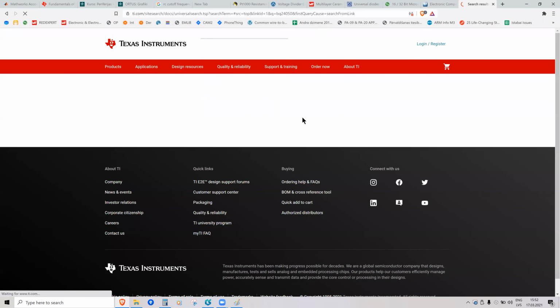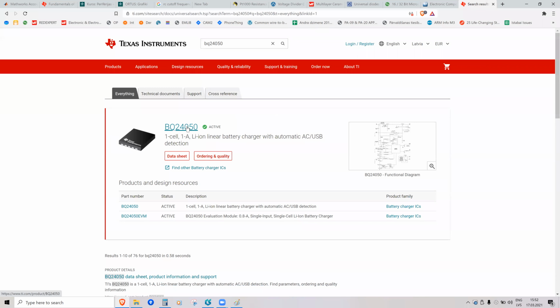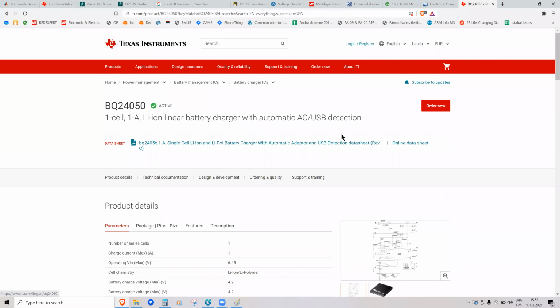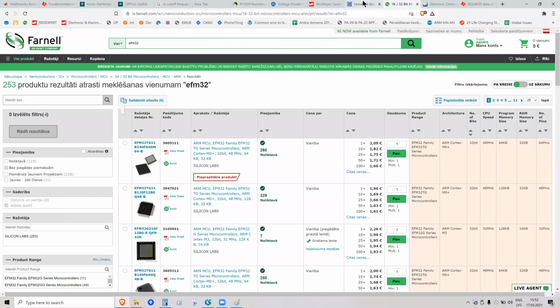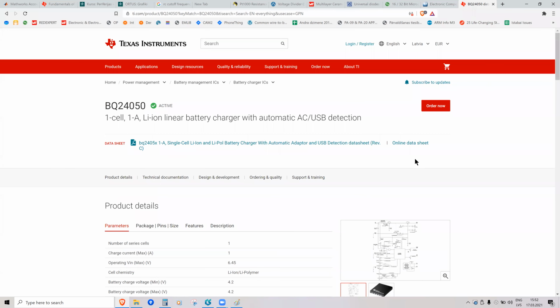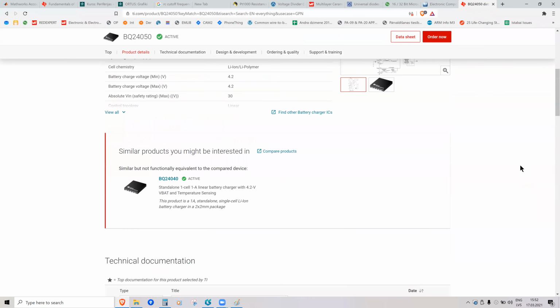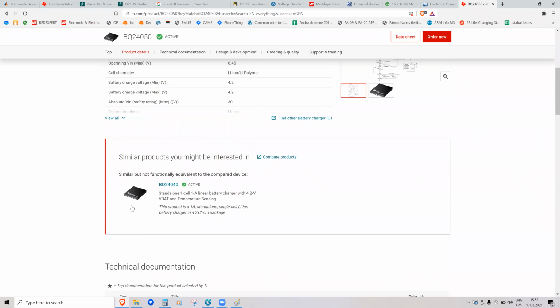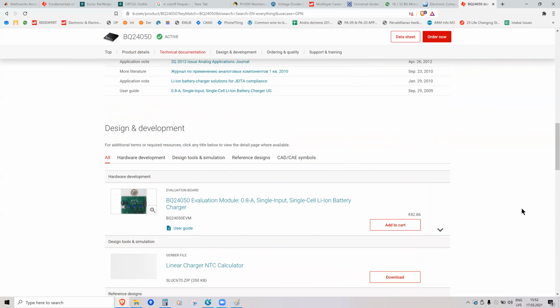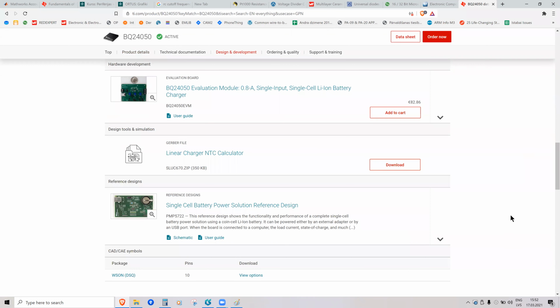For example, this battery charger, you can buy from Texas Instruments directly, and oftentimes the price is lower than in these other places. But shipping is €6, but they also do all the paperwork and all the imports. So you go here, you put it in the basket, you fill out your payment information, and you will receive the chips within something like 1 or 2 weeks.